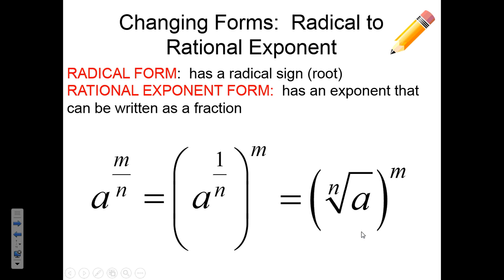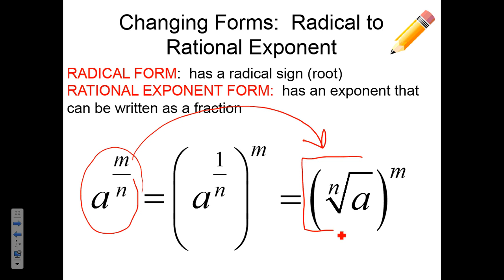So if I were going to start with a to the power of m/n, okay, and I wanted to get to the radical, I would have to know what I am working with. So the n, so we can go back and forth between the two, the n represents the index. So that's the denominator. The denominator of the rational exponent is the index.